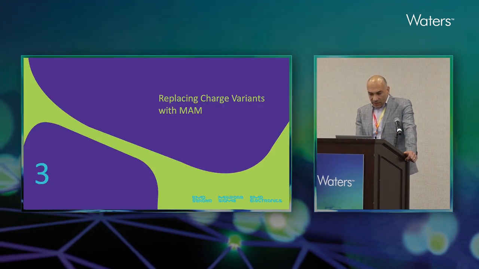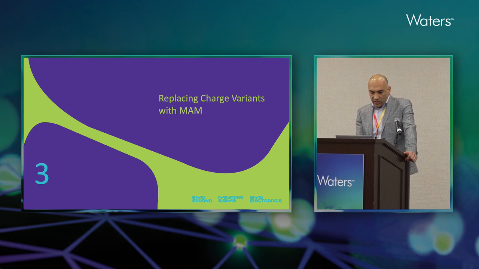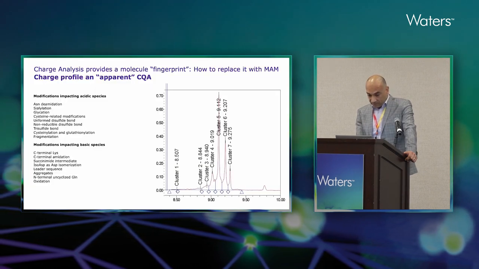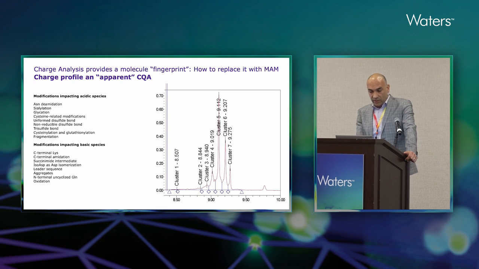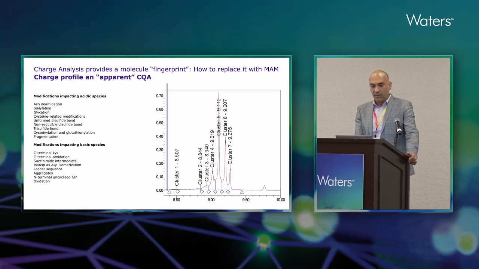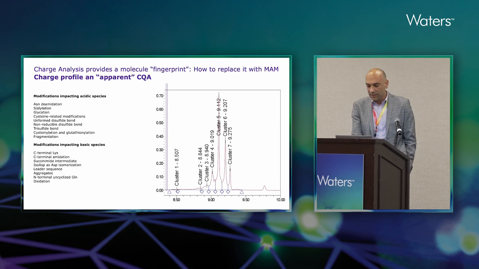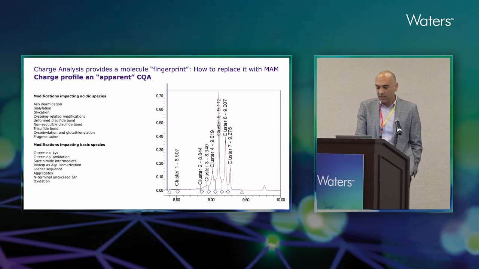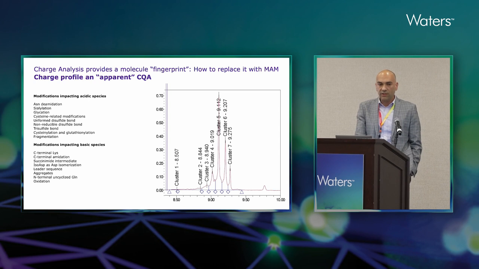So first of all, let's see how the charge analysis and MAM align in our lab with the biotherapeutic code. Charge analysis, for who does not know, can be done in liquid chromatography or capillary electrophoresis. The protein migrates to the pI, where it has a net charge of 0, and we report the result in terms of clusters to our customer.